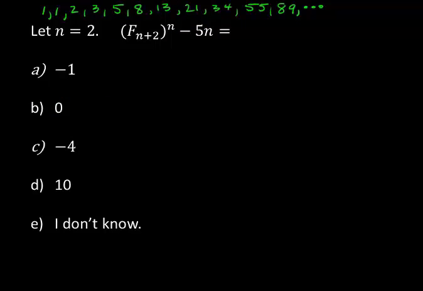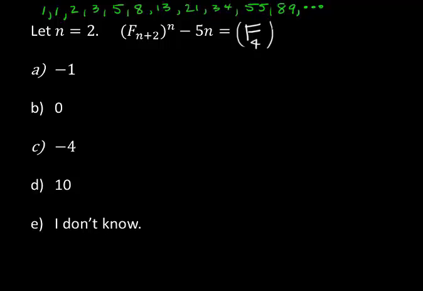So this one might be a little trickier. Here it says let n be 2. And then it gives us an expression involving n in 3 different places. So all you do is rewrite that expression, plugging in 2 for n. So it's very mechanical. This will be f sub, well, 2 plus 2 is 4, f4, and if you want, you could keep parentheses on it.